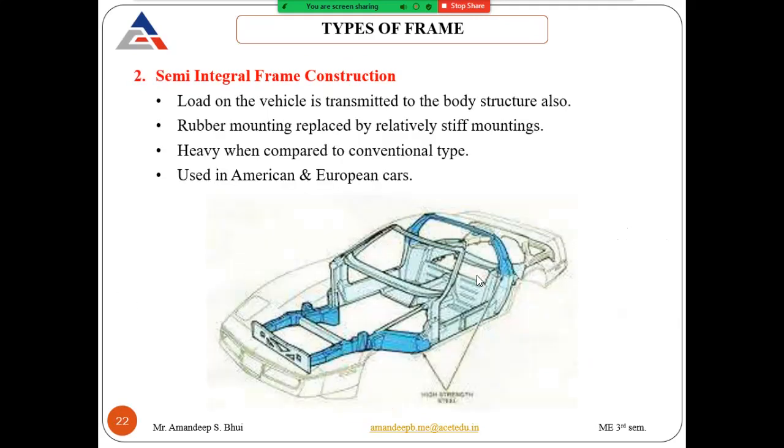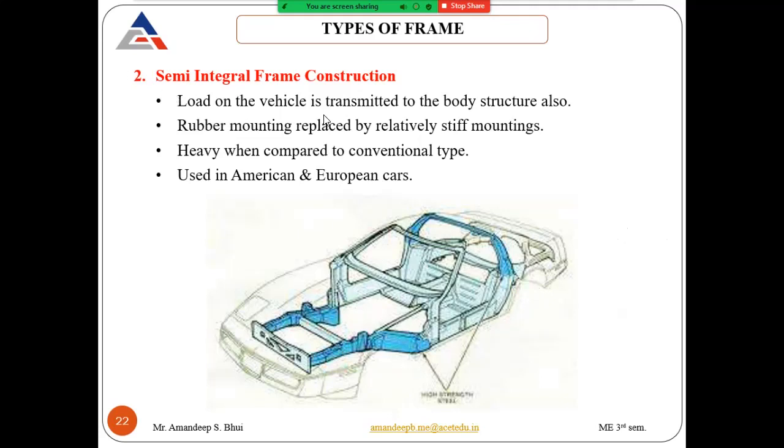Second type of frame is your semi-integral frame construction. Here you can see that this dark blue portion is the part of the frame that is attached to the body of the vehicle. So in this we have semi, that is, the body of the vehicle is integrated into the frame part of the vehicle.